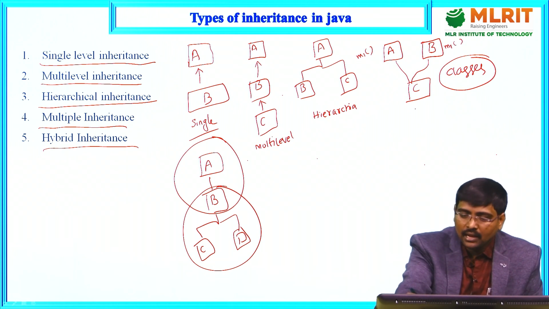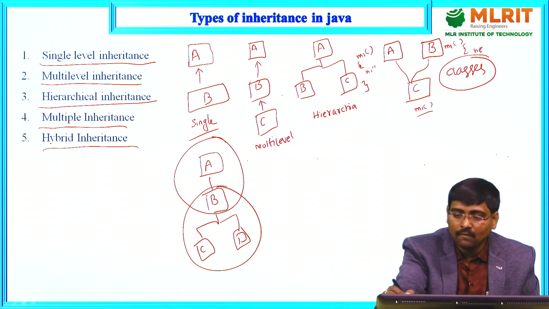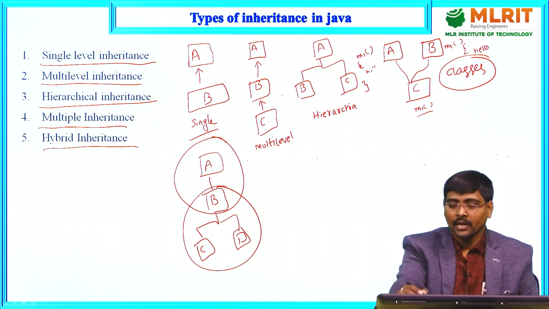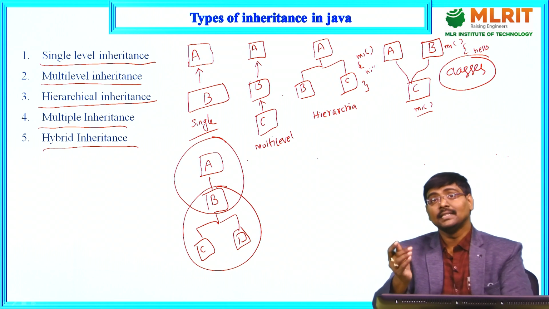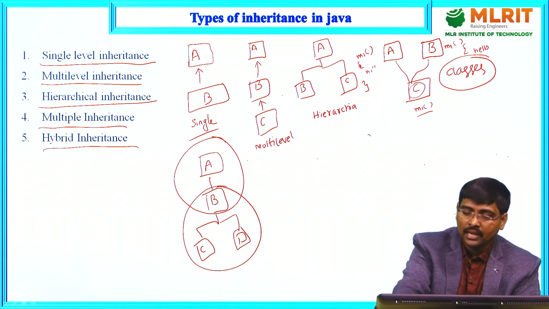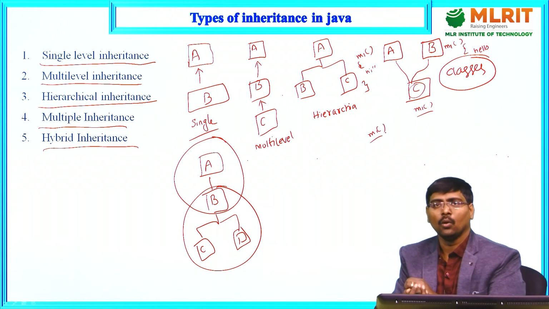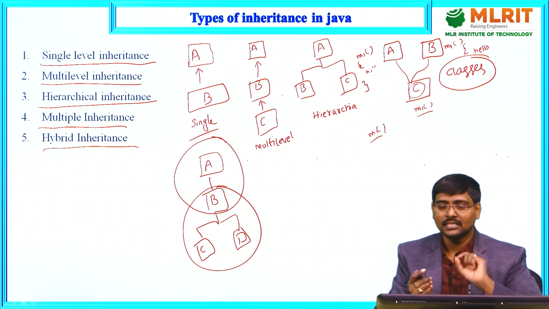Anyway, C automatically consists of method M1. Here inside M1 of A I wrote hi, and here inside M1 of B I wrote hello. If I create an object for C and call M1, what is the output? Hi or hello? So that is the problem.